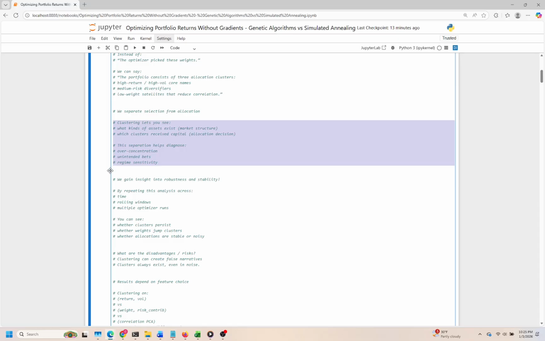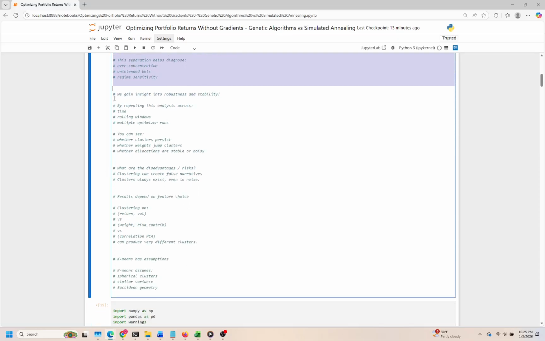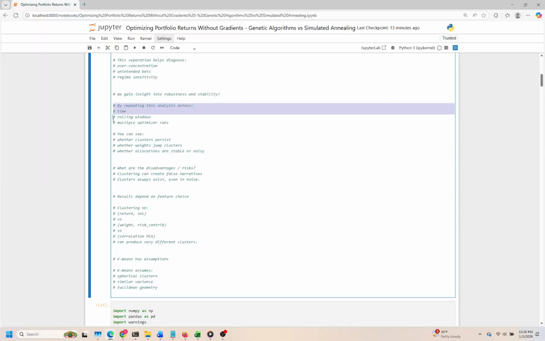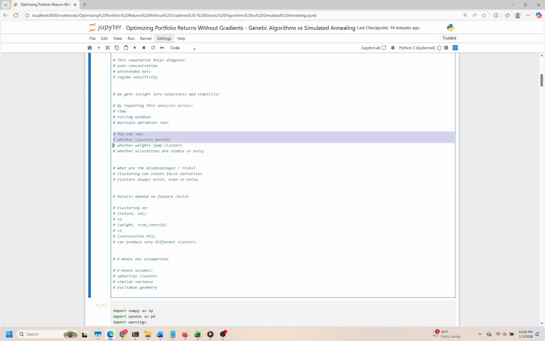This capability enriches our understanding of not just what weights we have, but also why they might change over time. To enhance our analysis further, we can employ repeated examinations across different timeframes, rolling windows, and multiple optimizer runs. This will allow us to assess cluster persistence, the stability of weights as they shift between clusters, and whether our allocations demonstrate consistency or volatility.